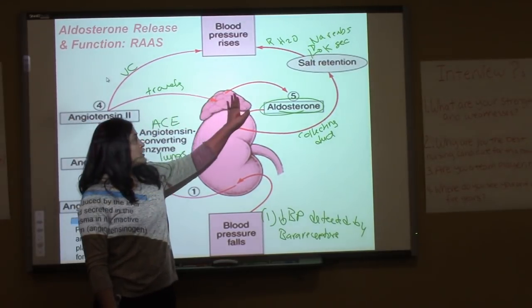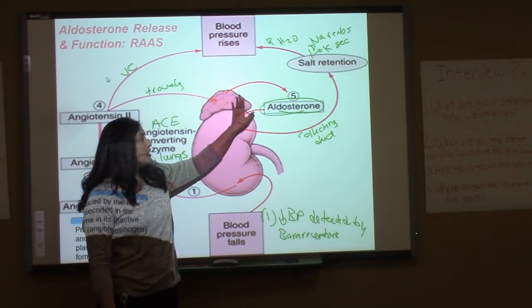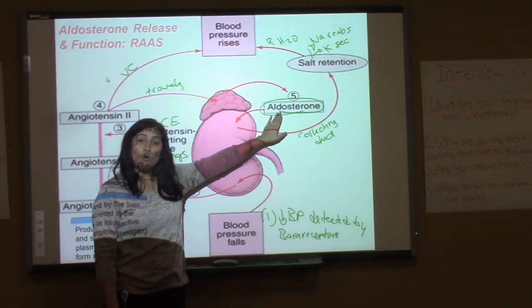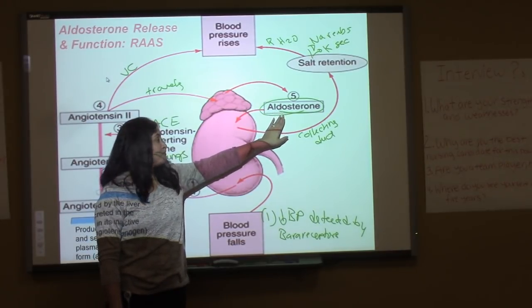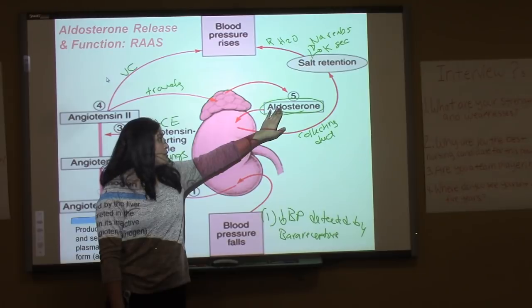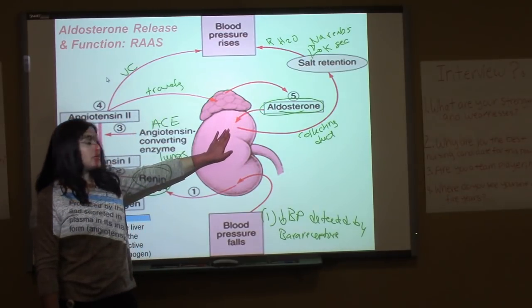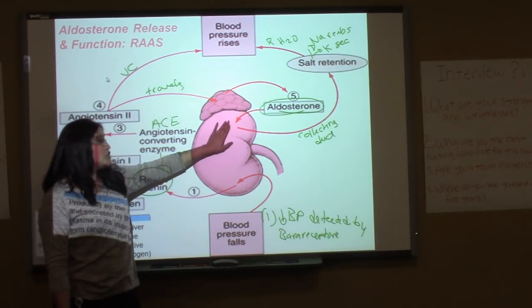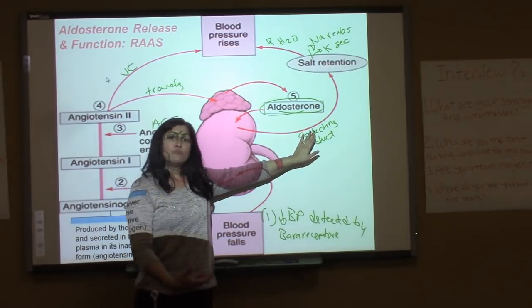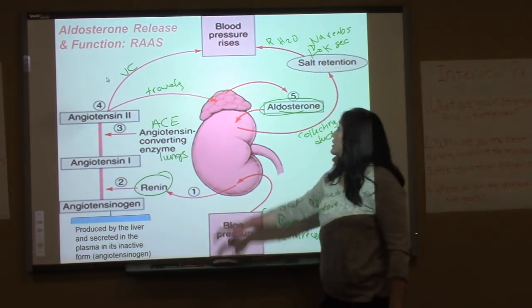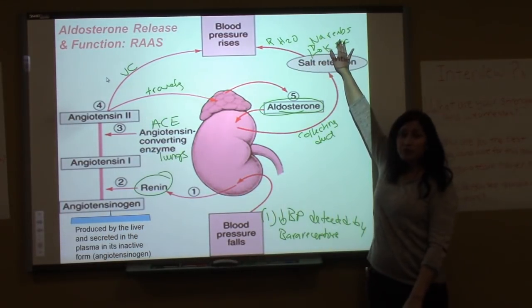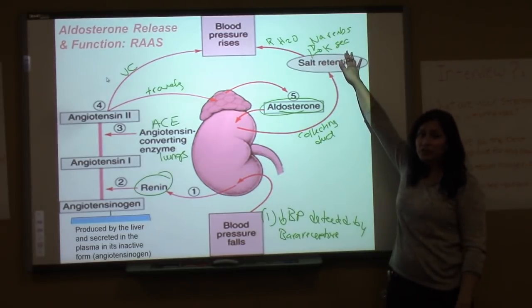Now, when it finally finds its way to the adrenal cortex, it causes the adrenal cortex to release another hormone, which is aldosterone. Once aldosterone has been released, it travels to the kidneys, where? To the collecting duct. And what does aldosterone do in the collecting duct? It causes sodium to be reabsorbed and potassium to be secreted.